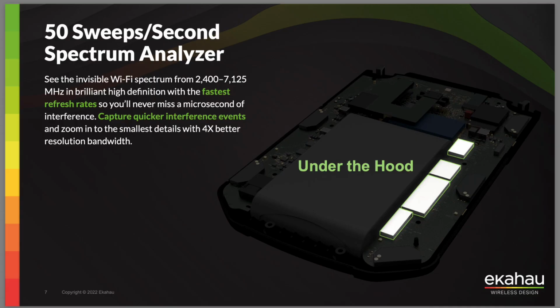The reason we need a spectrum analyzer is there are many devices that are non-Wi-Fi, but they reside on the Wi-Fi bands, and we need to identify those as sources of interference. This spectrum analyzer will allow us to identify those devices that are transmitting in the Wi-Fi band but are not Wi-Fi devices.